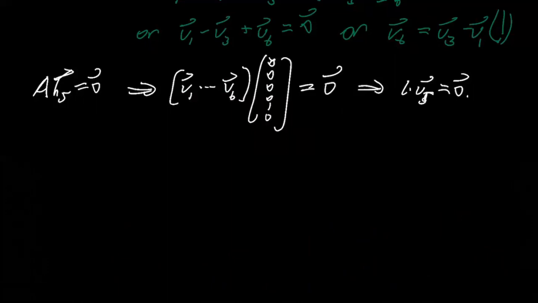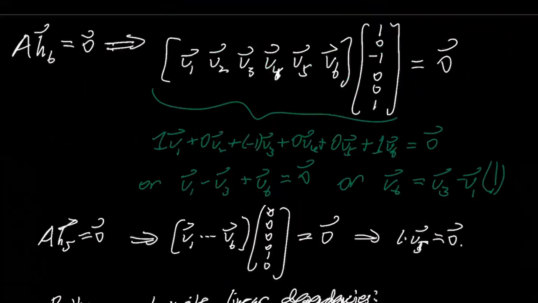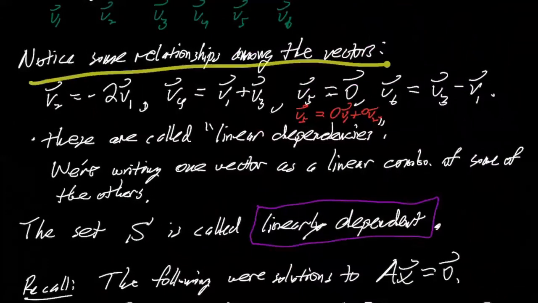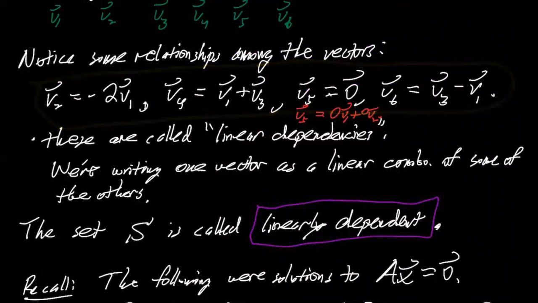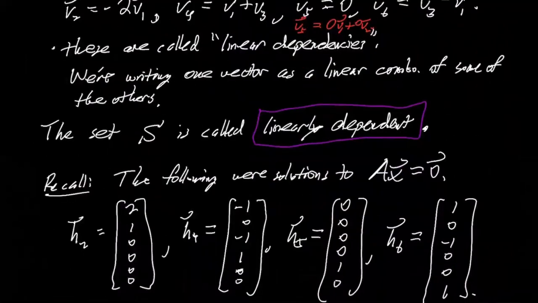So a better way to write the linear dependencies, and I'll get into the more formal definition in the next video, but let me just finish by writing this, is to rewrite, so the linear dependencies were all up here, right? And I'm just going to rewrite them all by moving everything to one side of the equation, and having the 0 vector on the other side.